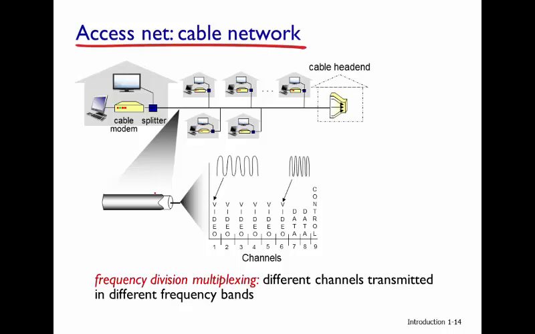Cable has open channels: some channels for video, some for data, and some for control. All the video should go through the video channel, and all data should go through the data channel, which is called frequency division multiplexing.